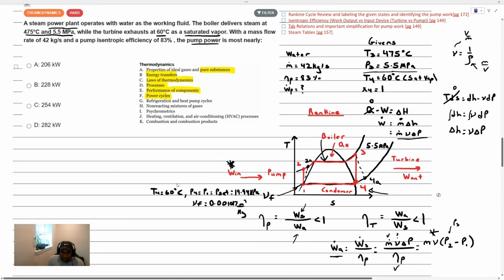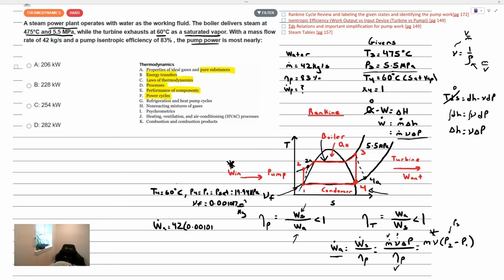So we know that to find the actual pump power, what we need to do is take our mass flow rate of 42 kilograms per second, multiply it by our specific volume that we just found, 0.001017. Multiply that by the difference in pressure values. We need to have both of those in kPa. And if we want to convert that 5.5 megapascals to kPa, we multiply by 10 to the third.